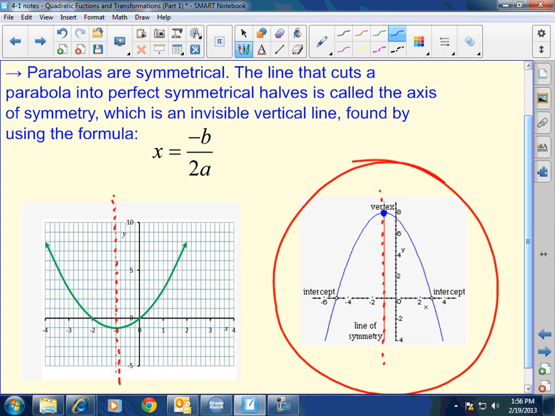If the graph is opening upwards like this, that's going to be a minimum, because isn't that the lowest point of all the points on this graph? And if it's pointing down, if a is negative, then I'm going to have a maximum because that will be my highest value in that graph.